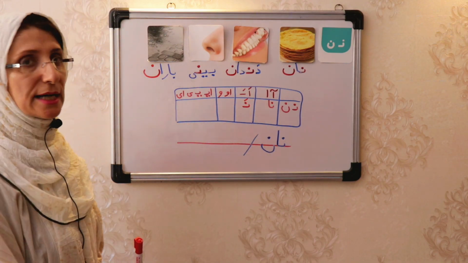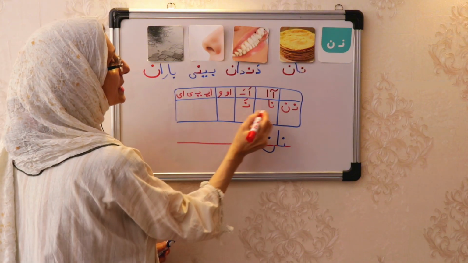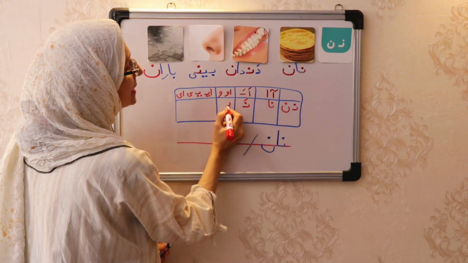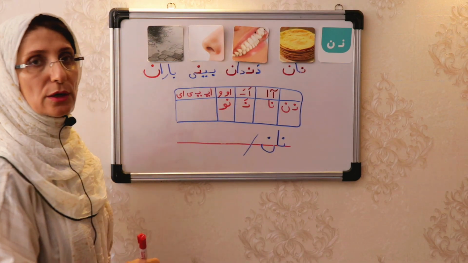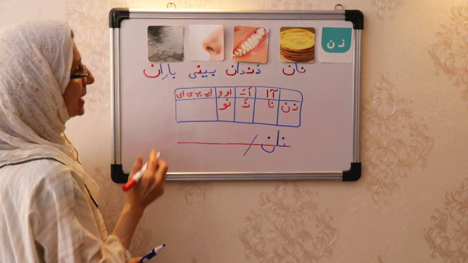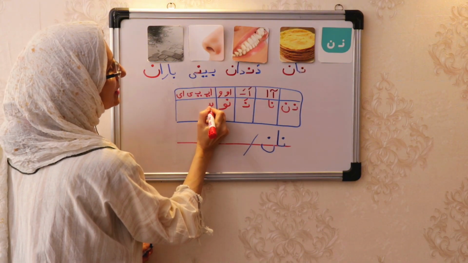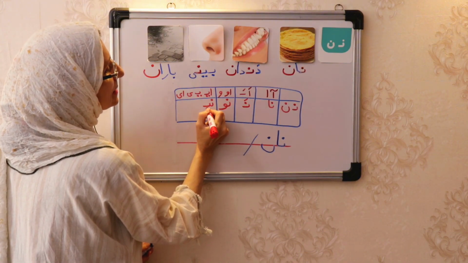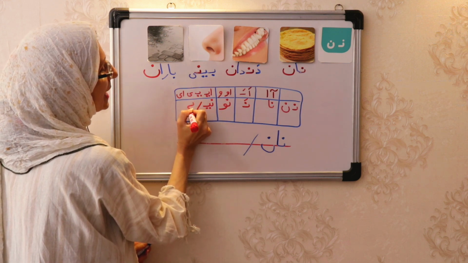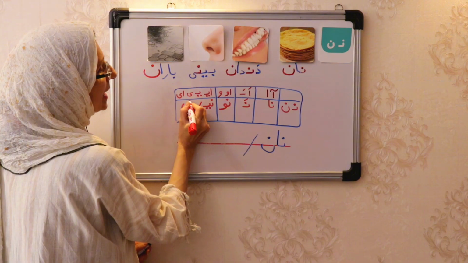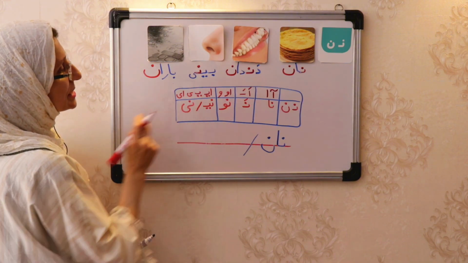If we make friendship between ne and u, then we have nu. And ne and e, then at the end put the dot for ni, ni.